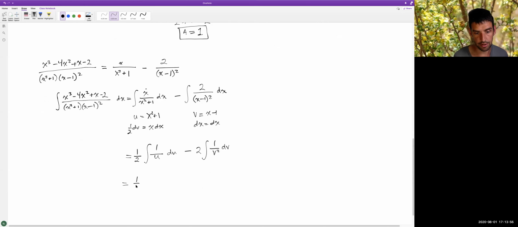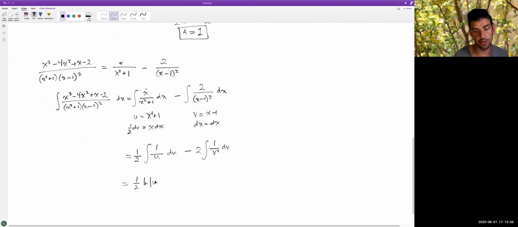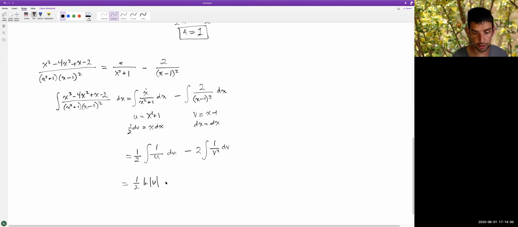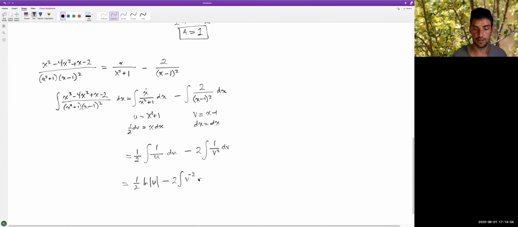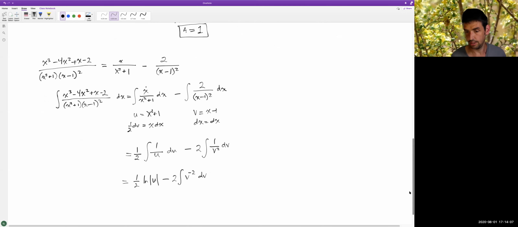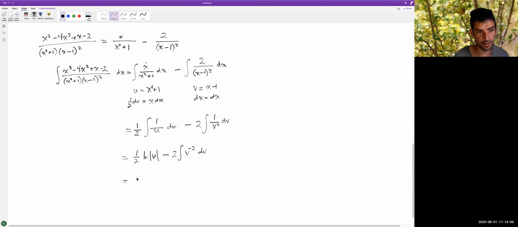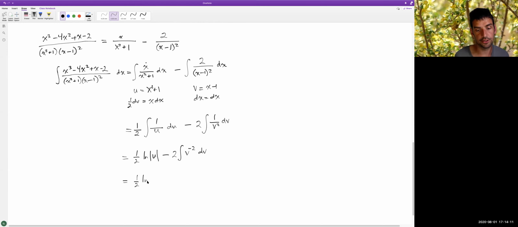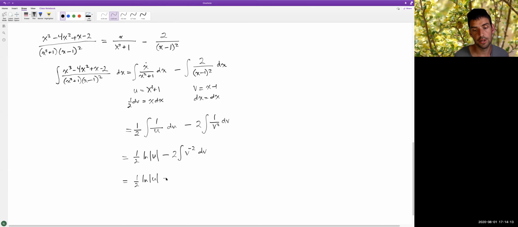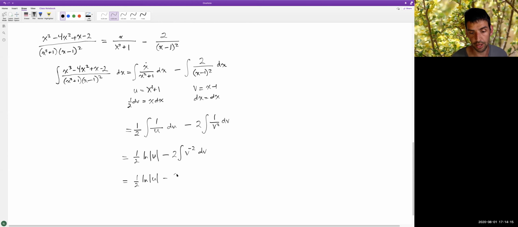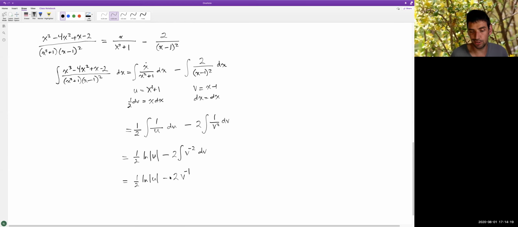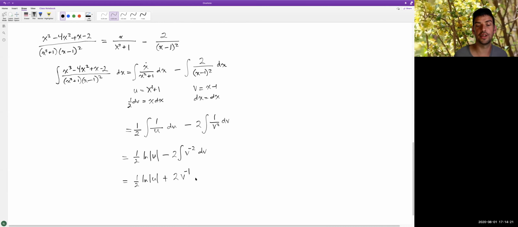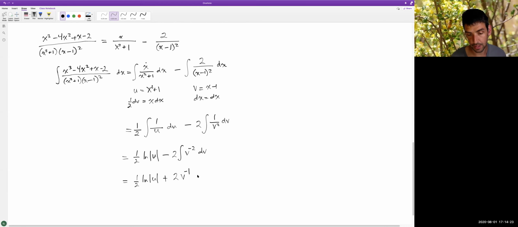So now we've got the natural log, the antiderivative of 1 over u, minus 2. Now I can take this antiderivative: 1/2 natural log of u minus, we'll have 2v to the -1 divided by -1, which just gives us an extra negative sign, so I can make that positive.